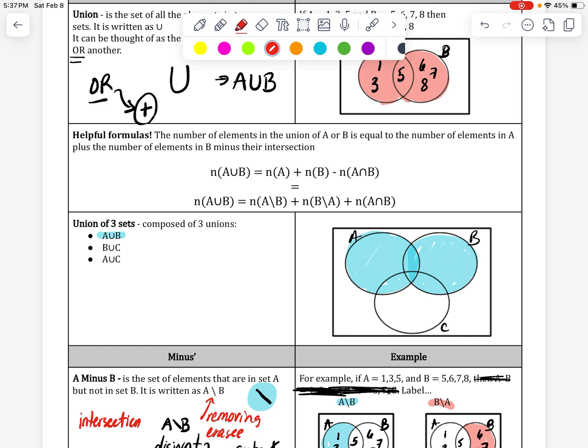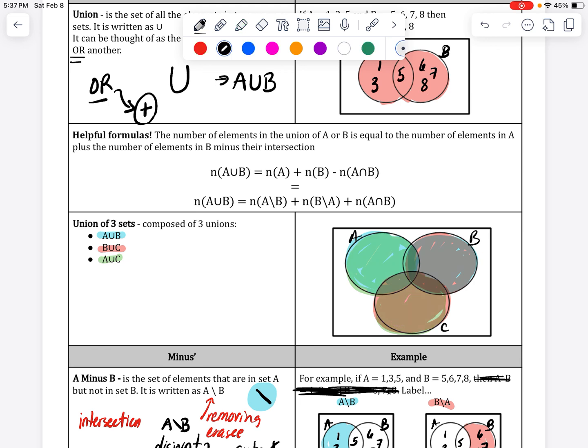For B or C, I would color in all of B or all of C. So anything in red there would be considered B or C. My colors are going to start overlapping here, but we'll just keep talking about it. A or C would be circle A and circle C all shaded in. So it'd be those two circles.